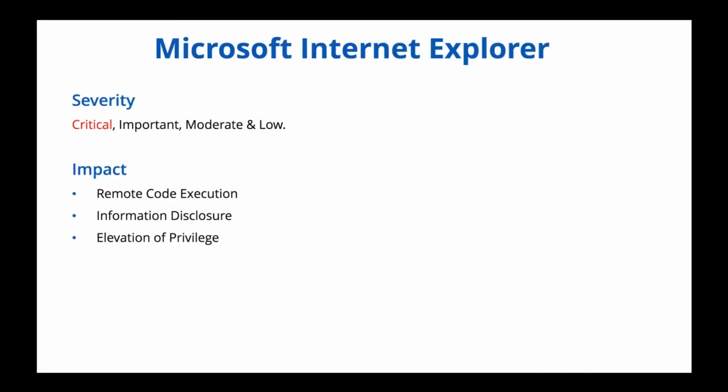So Microsoft Internet Explorer, which is the other browser from Microsoft. The same component, the scripting engines' handling of objects in memory in Internet Explorer, paves the way to remote code execution, which allows the attacker to execute arbitrary code in the context of the current user.